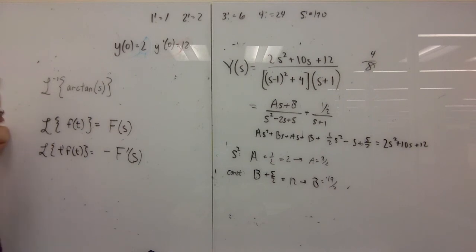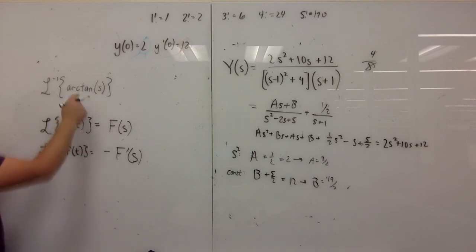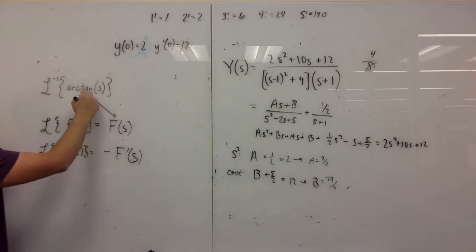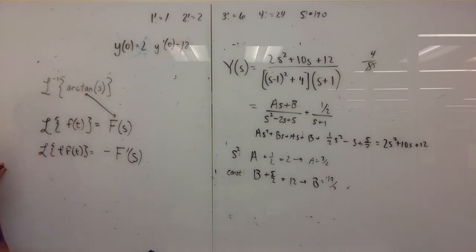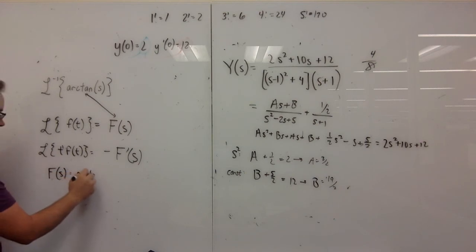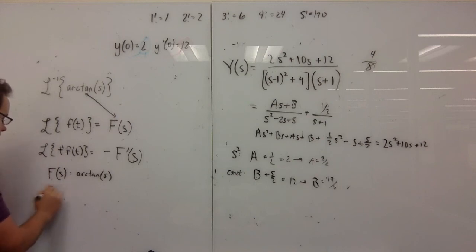Okay? Let us suppose for a minute that this is the F of s. F of s is arctangent of s. What would F prime of s be? On your notes, F of s is arctan of s.